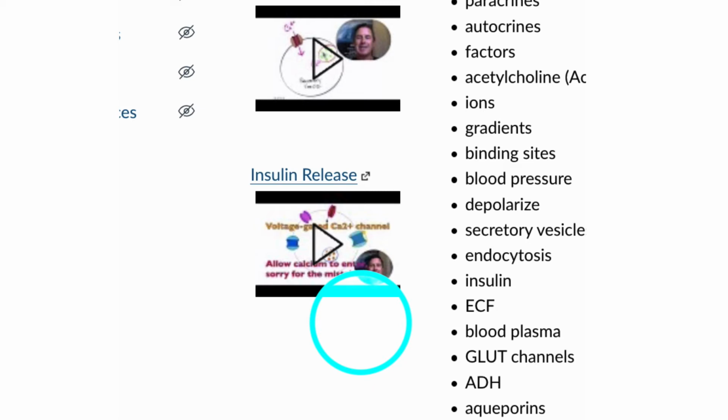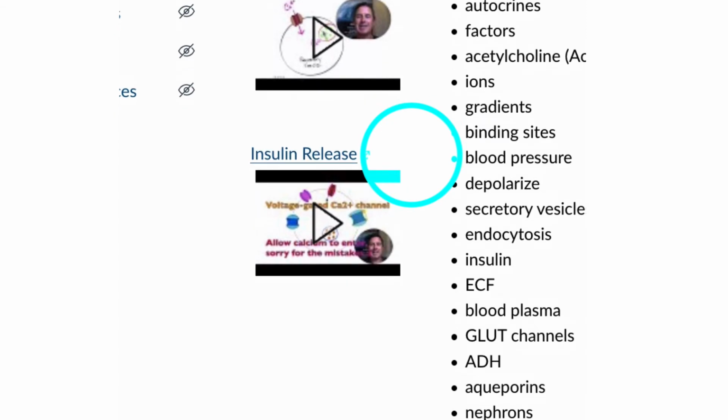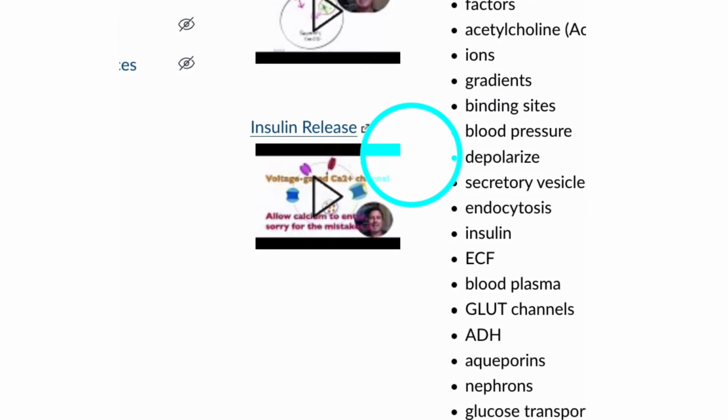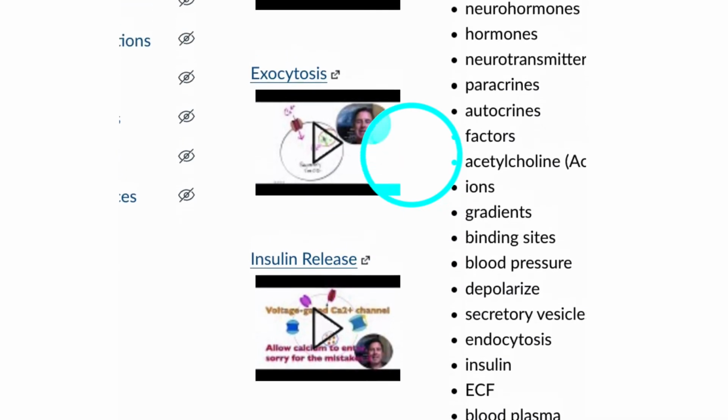It's going to cover leakage channels, ligand-gated channels, voltage-gated channels, exocytosis, depolarization event. So please take a look at that. It's a multi-step and fairly in-depth process, and it's going to take more than just one viewing of that video to really get a good grasp of that. But please take a look at that.